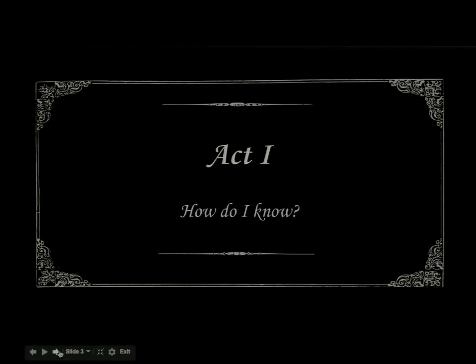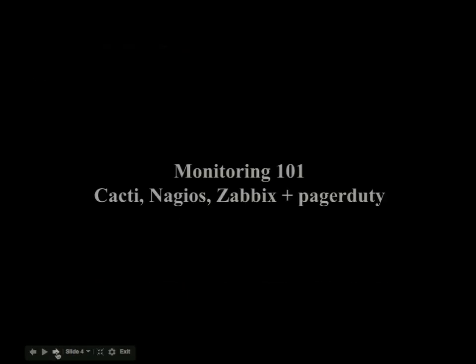So how do you know when your slave is lagging? Because obviously ignorance is bliss. You can choose not to monitor it, in which case you never know and everything's great. But then your users call you, and that's bad. So, monitoring 101. I'm sure we use this for everything else: Cacti, Nagios, Zabbix, whatever your monitoring and graphing tool of favor is, use it.